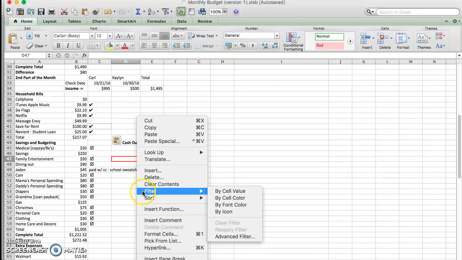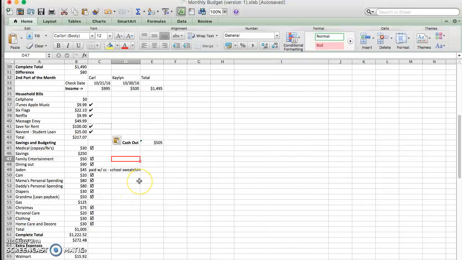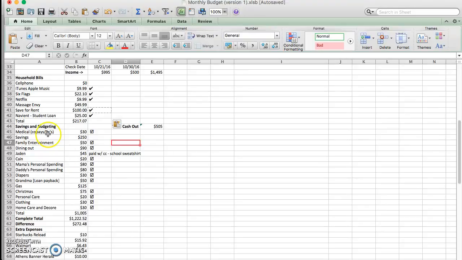And then for our savings and budgeting, I have some for medical, which I only do once a month because it's just to cover basically my prescription every month, which is $10, and then I do put $20 away for a copay every month, not because we go to the doctor every month, but just so we have it in case we do need to go to the doctor.